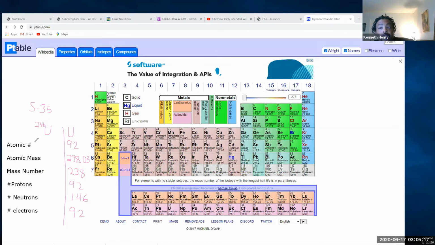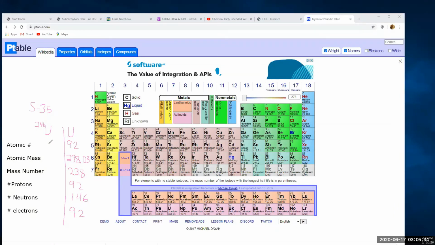Okay, so now let's talk about the isotope uranium 246. What is the atomic number? Would it still be 92?